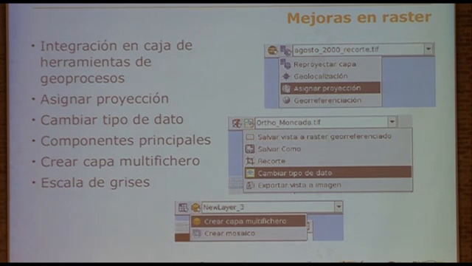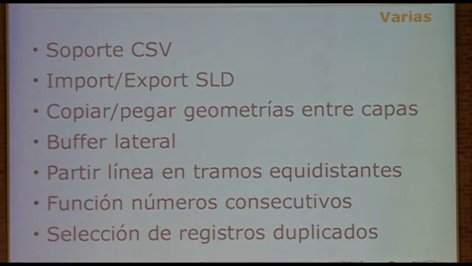Projection allocation. In this case, the layer is allocated the projection in the view. Changing the type of datum from decimal to whole numbers, which allows you to round up figures, main components, to eliminate redundant information, creation of multi-file layers, and a new functionality to convert to grayscale.